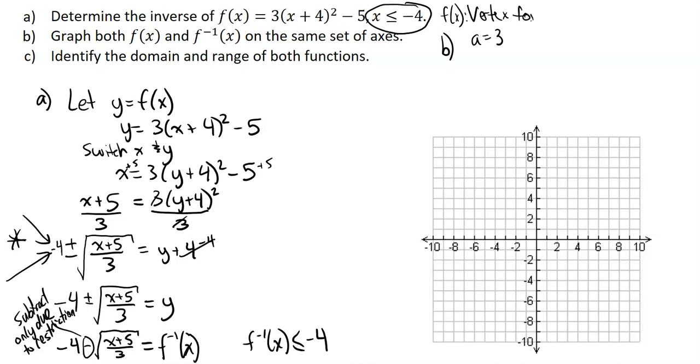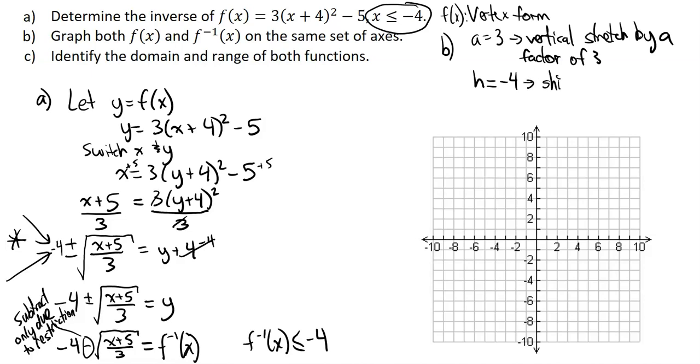It has an a value of 3, meaning it's going to have a vertical stretch by a factor of 3. It doesn't tell you to identify what these all do, but just so it's clear for everybody. We also know that the h value is equal to negative 4 because the general form is x minus h. That would be subtracting a negative 4, so that's going to shift 4 units left.